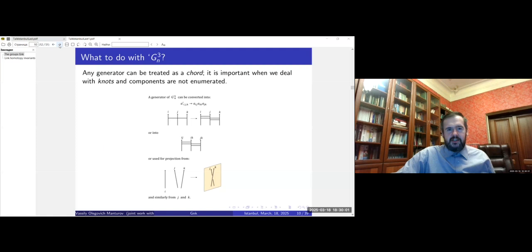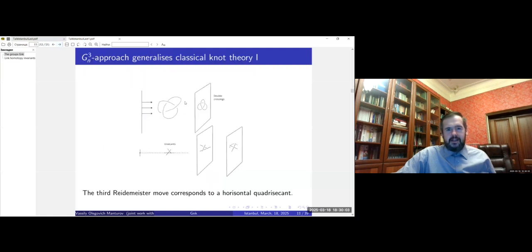So this is the geometrical picture, and here is yet another picture. So again, if we have a knot here, then just crossings for points correspond to the screen when we have a vertical line.